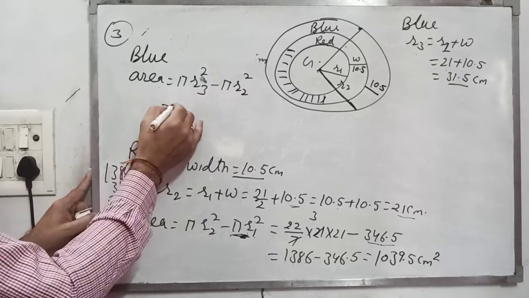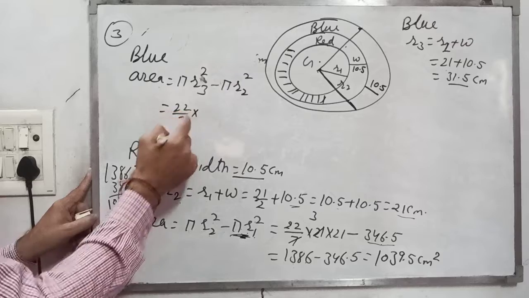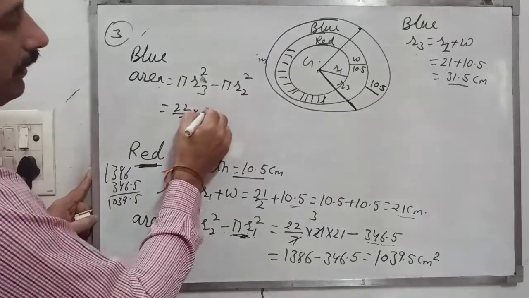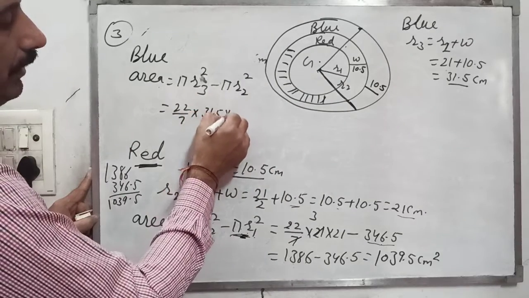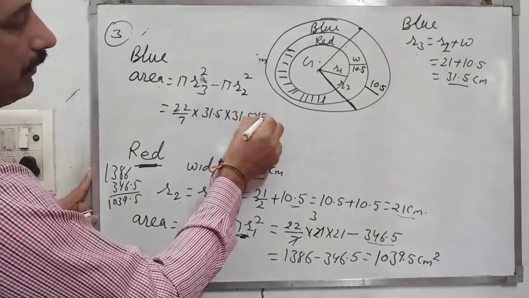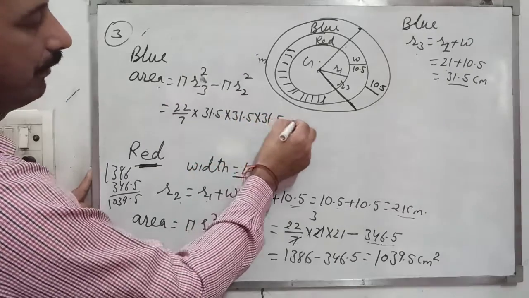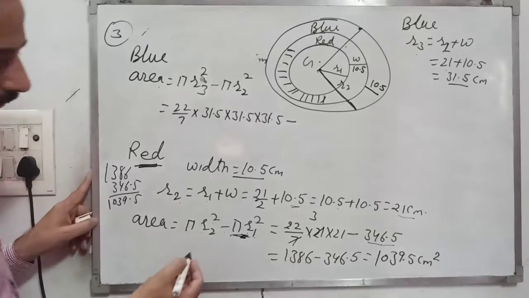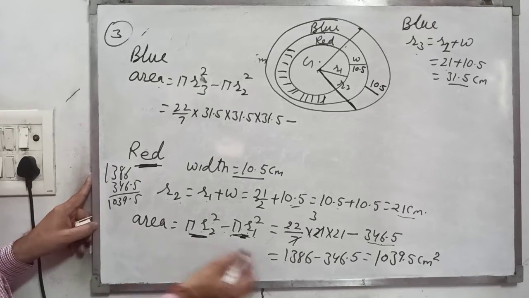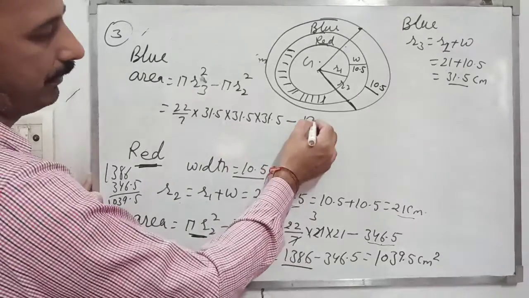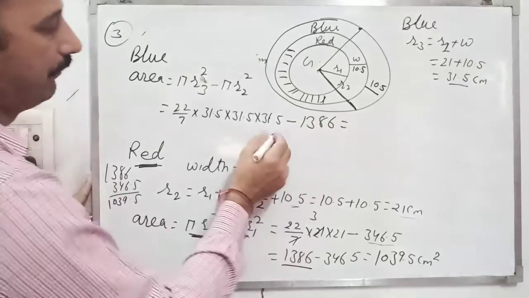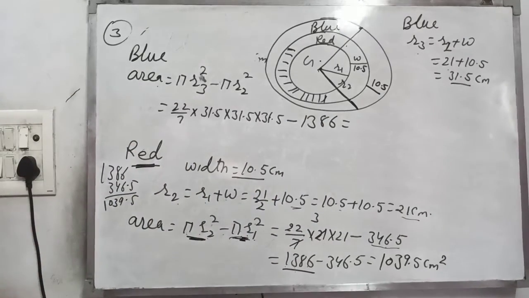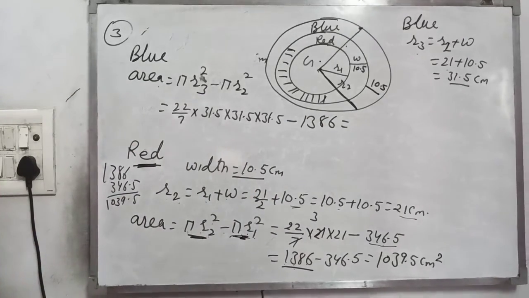So pi is 22/7, R3 is 31.5 times 31.5, minus the area which we already found.